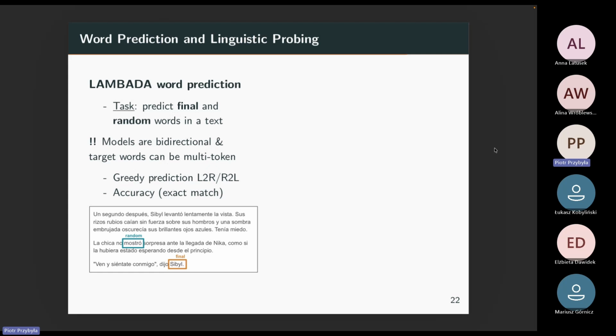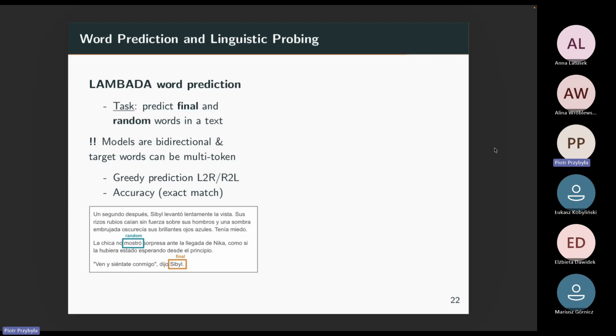And for the sake of completeness, we also used random words, which makes it work a bit more like perplexity. And then we just check whether the model guesses that right, and then we compare the probabilities, right? So we compare the probability of the last word being Sibyl from our model and from the reference model.